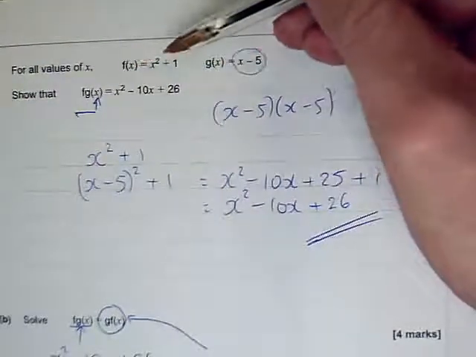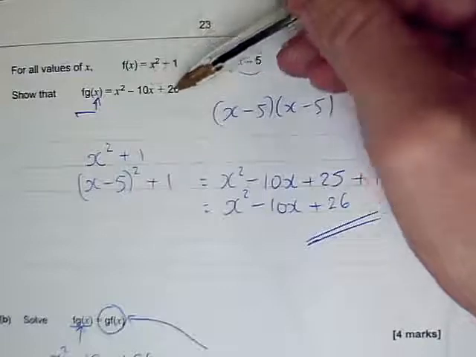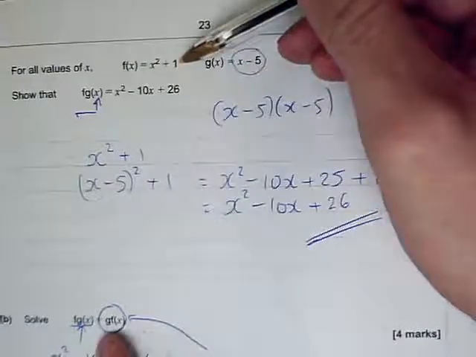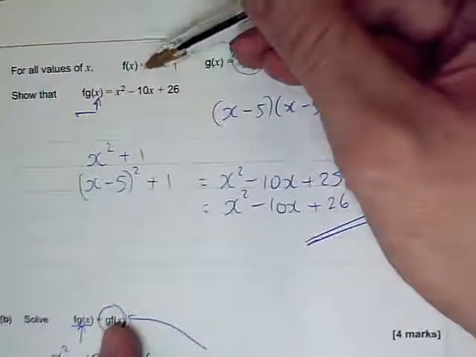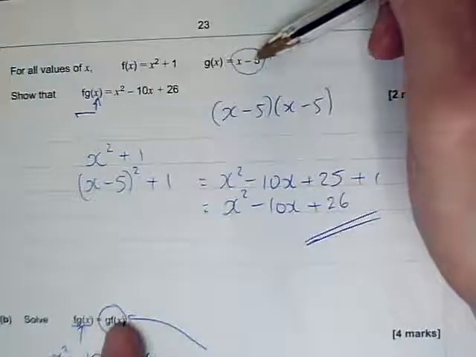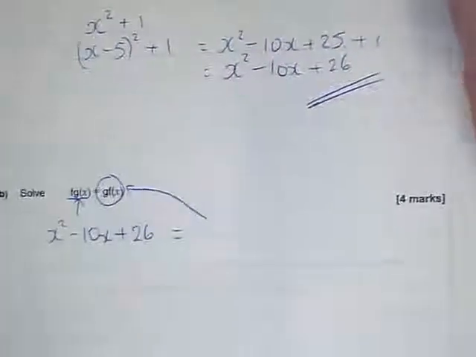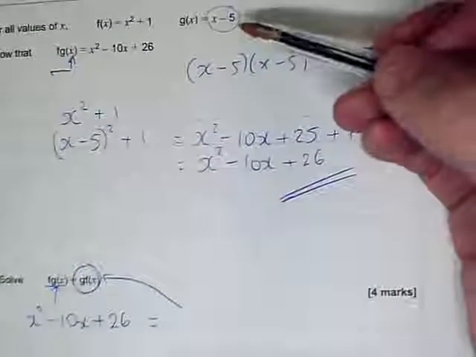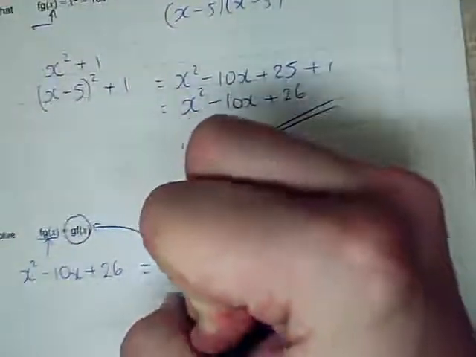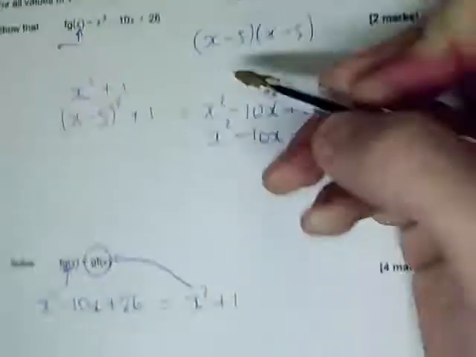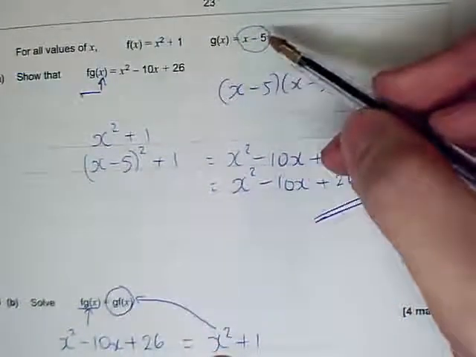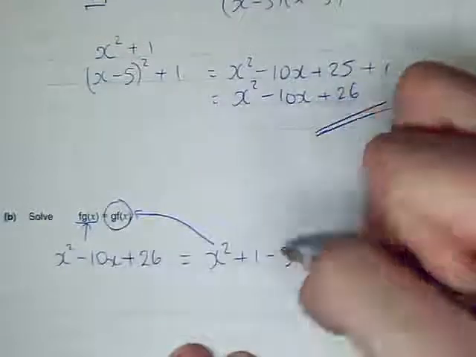So x this time goes through here, and therefore my output is now x squared plus 1. So wherever I see x, I'm going to replace it with x squared plus 1. So instead of writing x minus 5, I'm going to write x squared plus 1, which is what the x stood for, and then I'm going to minus 5 from it.